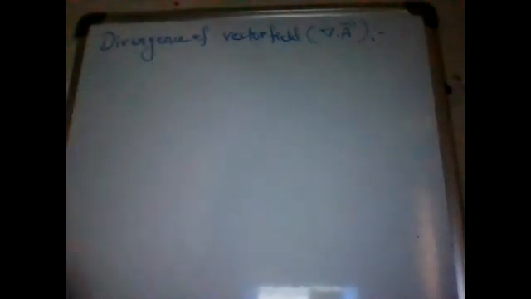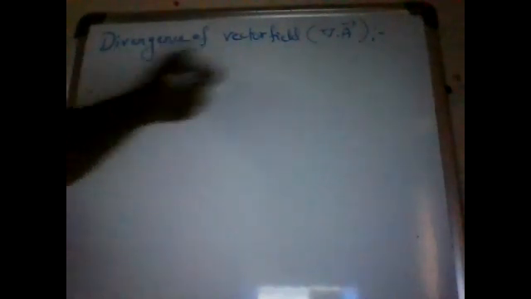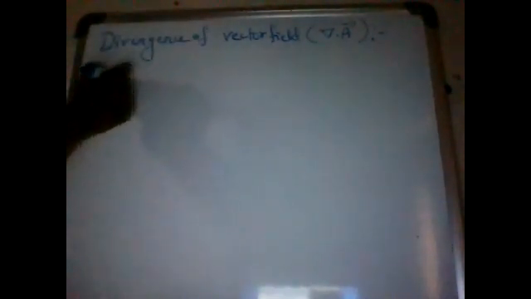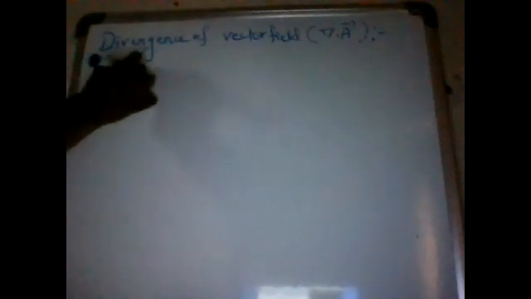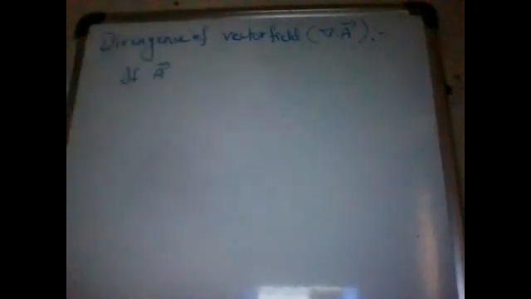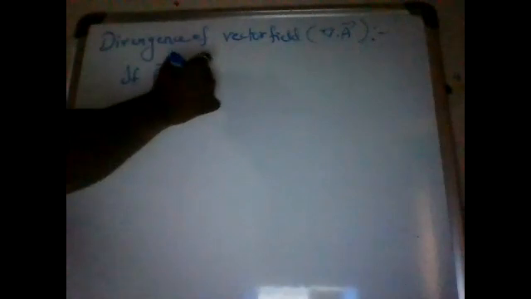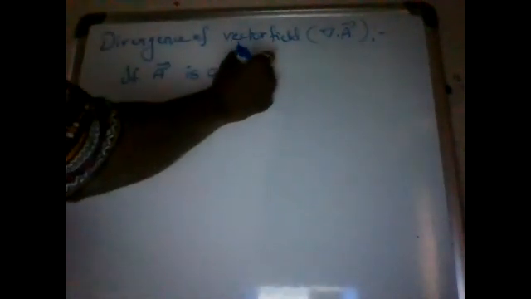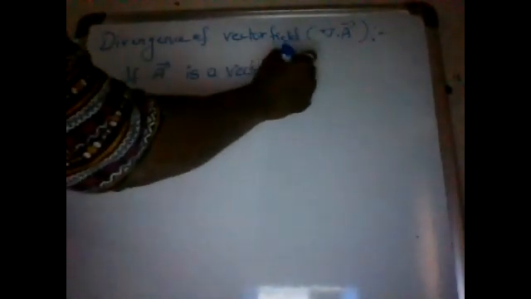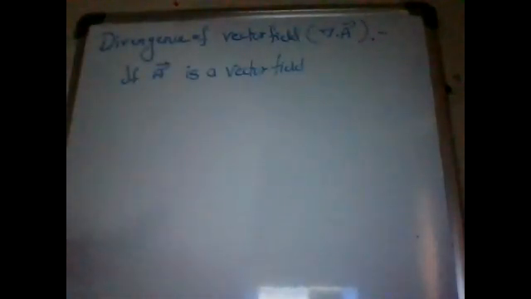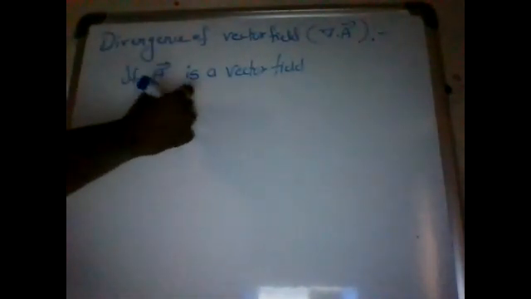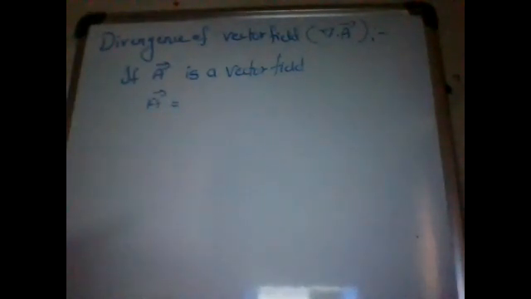So for divergence of a vector field, consider a vector field. Vector field means first of all you consider one vector. If A bar is a vector field, then A bar equals, we have the x component of A, y component of A and z component of A, with i, j, k unit vectors.